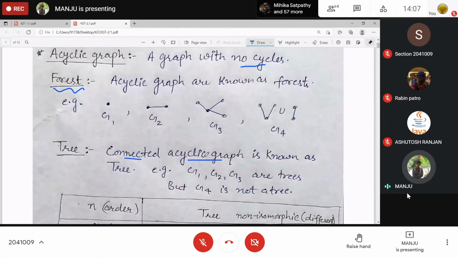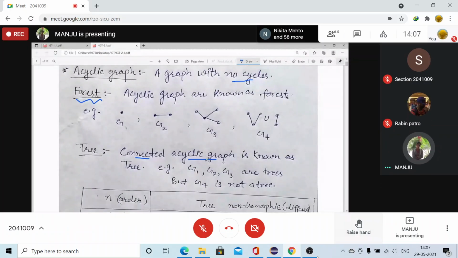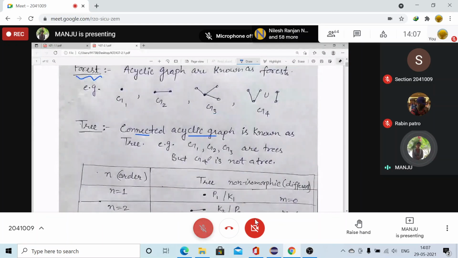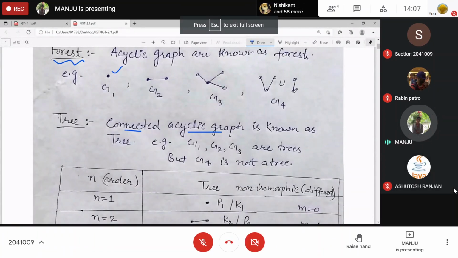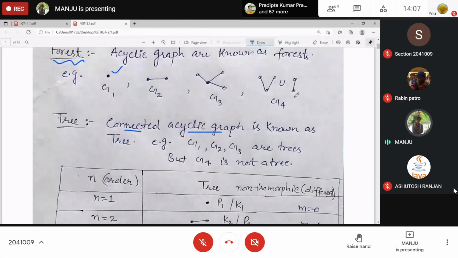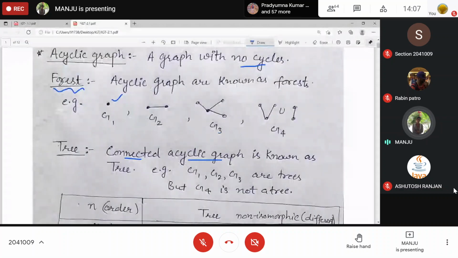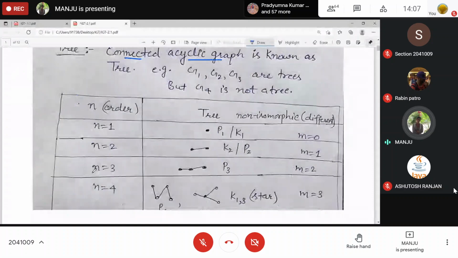All connected graphs which are acyclic are known as trees. For example, this one is a tree, and this one is not a tree because it is disconnected. It is acyclic but disconnected. Every tree is a forest, but every forest is not a tree.